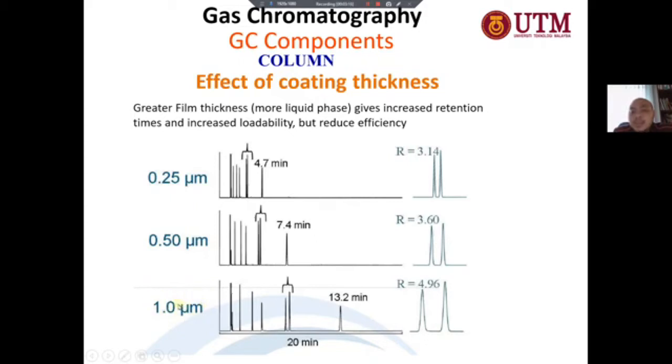If we compare between these three, the 1.0 micrometer coating can provide a better separation. But here it mentioned that it reduces the efficiency. Efficiency means that if you look over here, the peak is broadened.